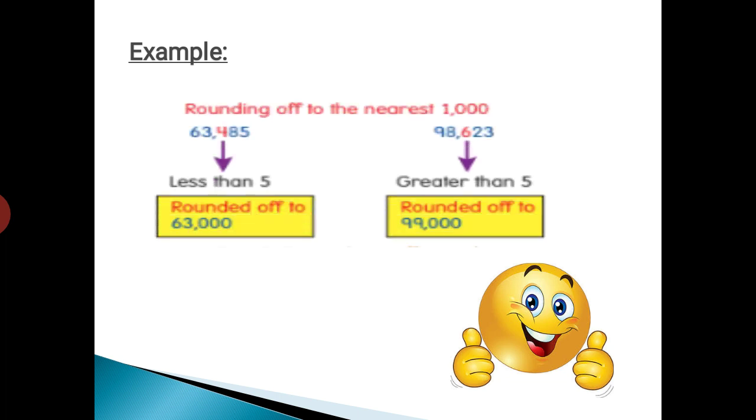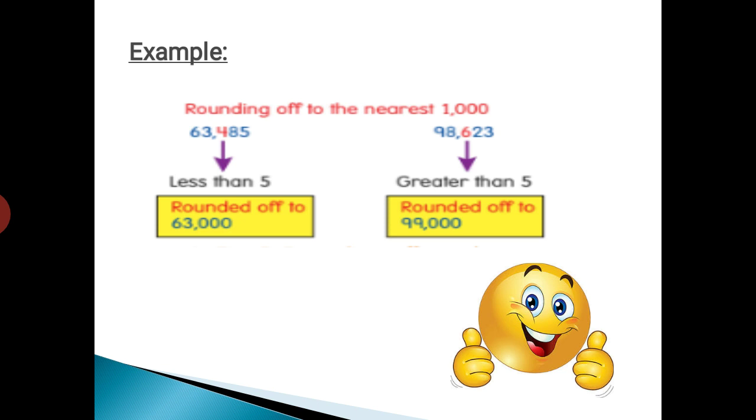So here we have to round off these two numbers to the nearest 1000. How can we round it off? Here we have the first number, 63,485. Whenever we need to round off to the nearest 1000, we just look at the hundreds place digit.